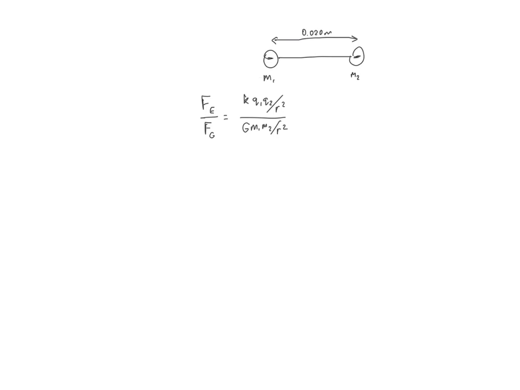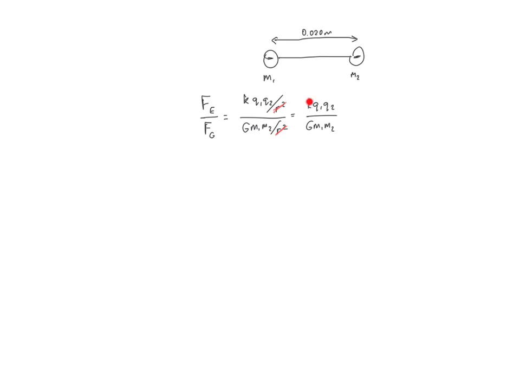You could calculate each of these forces individually and then divide them, or to make matters a bit easier, since both the numerator and denominator have an R squared in the denominator, we can just cancel them out. So this simplifies to K Q1 Q2 over G M1 M2. And then just plug in the values.